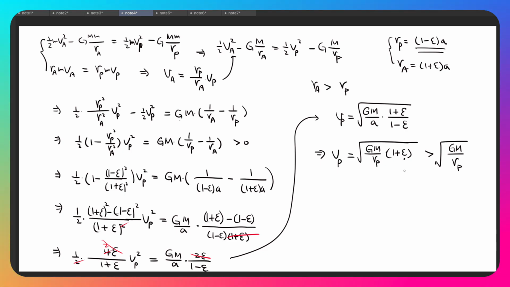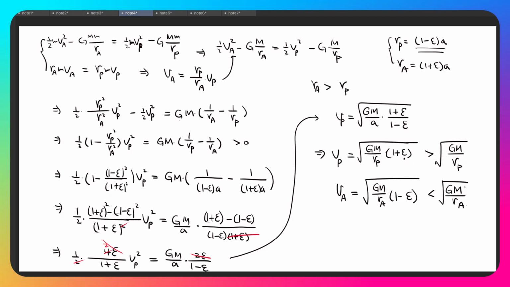Now VA can be figured out similarly, and it turns out to be the square root of GM over RA times 1 minus epsilon. Okay, and since epsilon here is positive, this VA is always less than the square root of GM over RA.